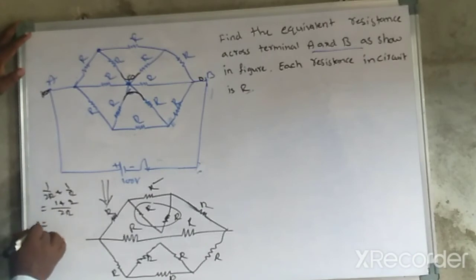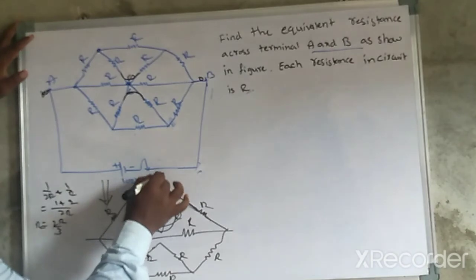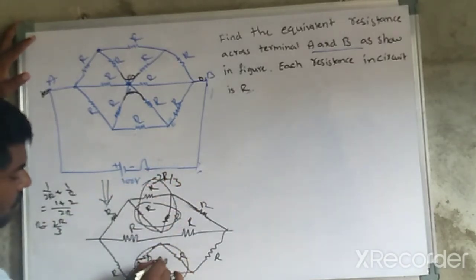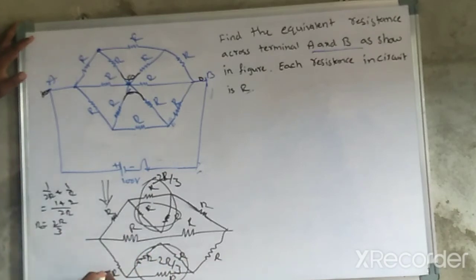So R equivalent is equal to 2R by 3. So this total results in 2R by 3. This one also results in 2R by 3. Then in series, 2R by 3 plus 2R is nothing but 8R by 3.